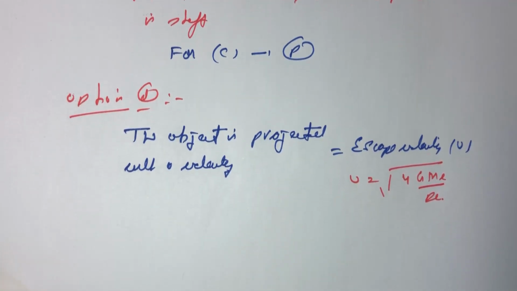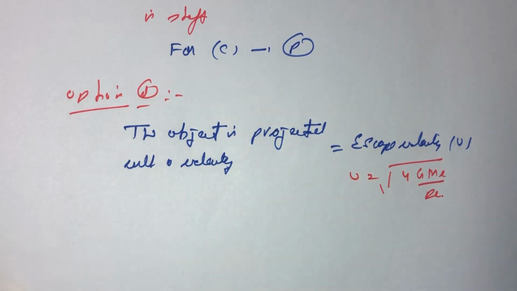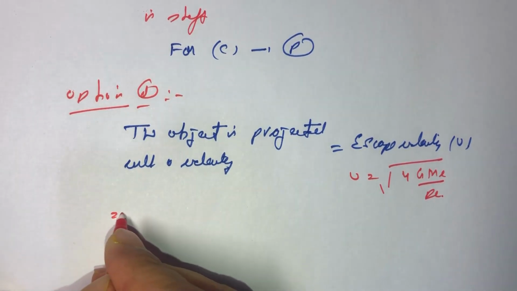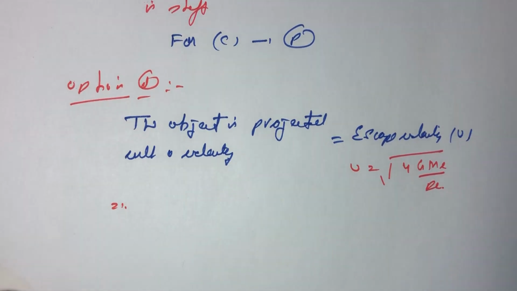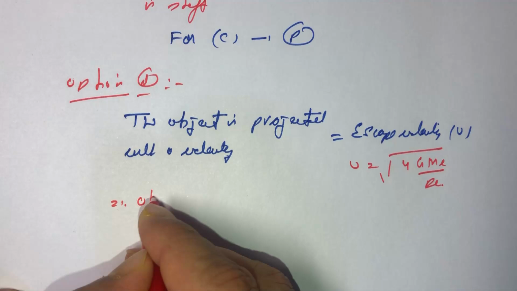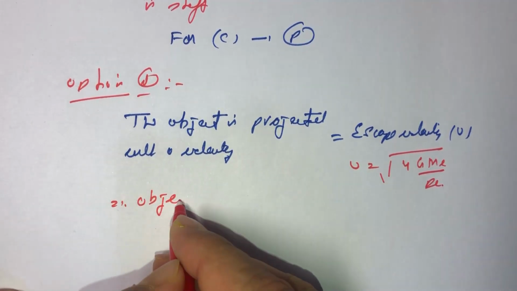So from here we can draw the conclusion that the object is never going to return because of the escape velocity.